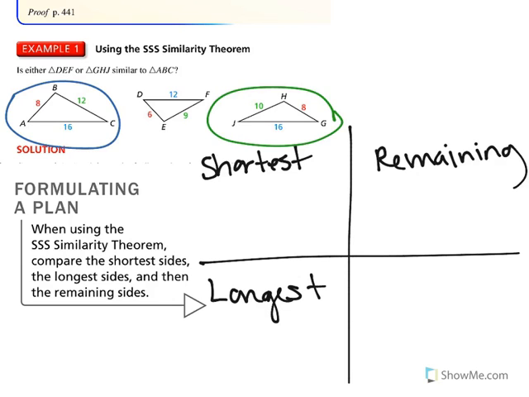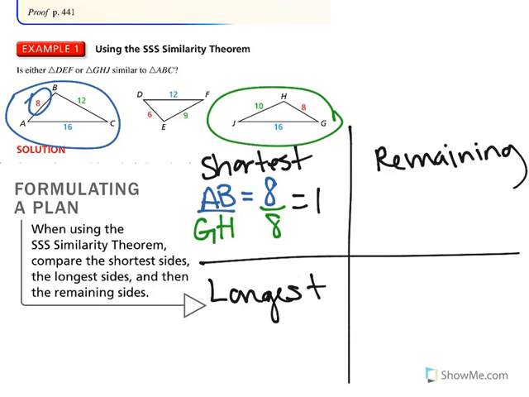So I'm going to let the shortest sides, AB, which is 8, and I'm comparing it to my shortest side, GH, which is 8. And if you reduce that, you get 1.